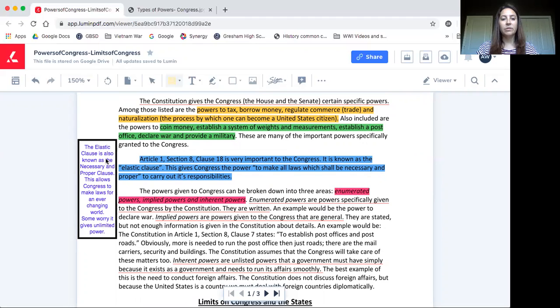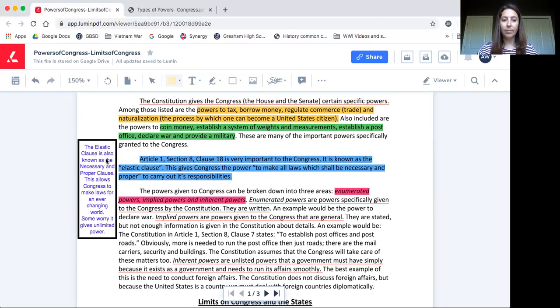The reason they put this in there is that things are going to be different in 1790 than they are in 2020. The writers of the Constitution understood that things were going to change, so this clause was available for them to make new decisions as things come up.